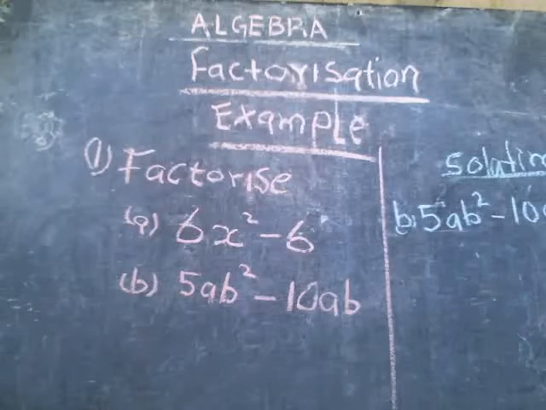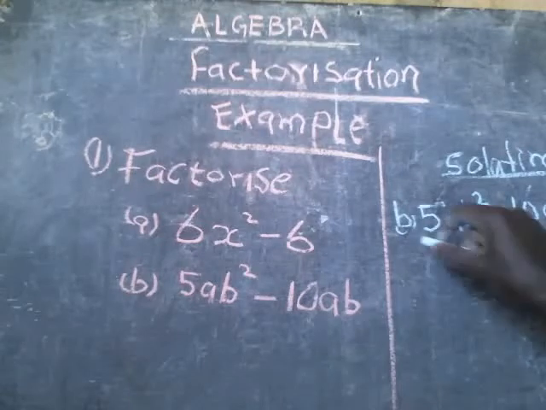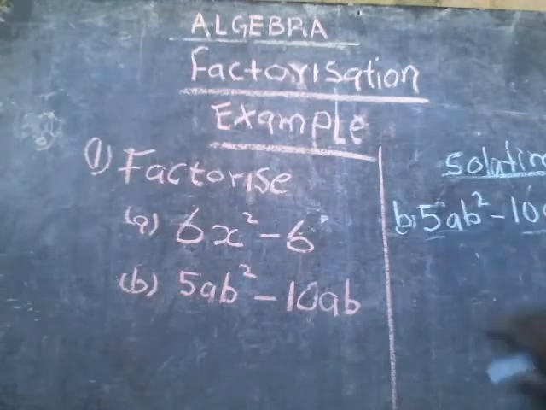So on question 1b, we are yet to understand more about factorization as we go on with the topic. So on that part, as I said, you look for the number which is common, or the letters which are common both there and there. In this case, what number is common?